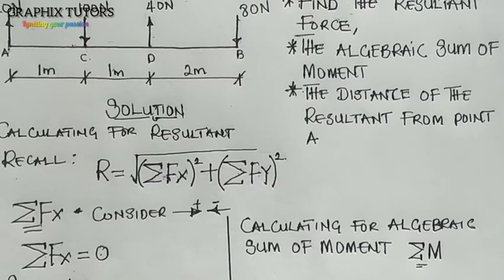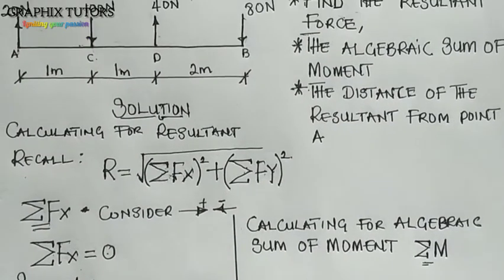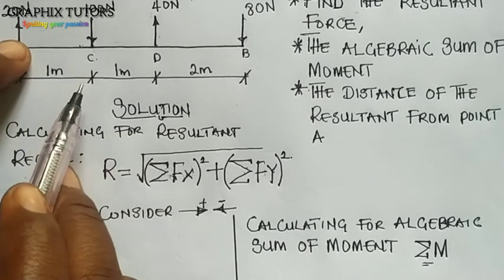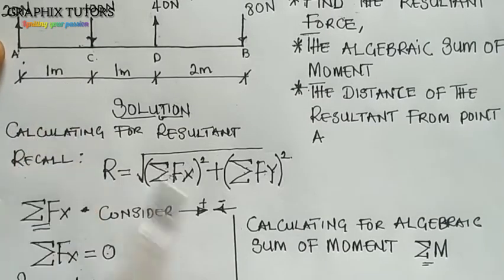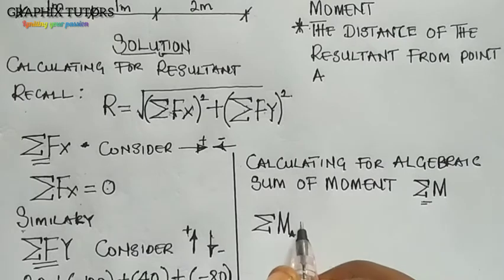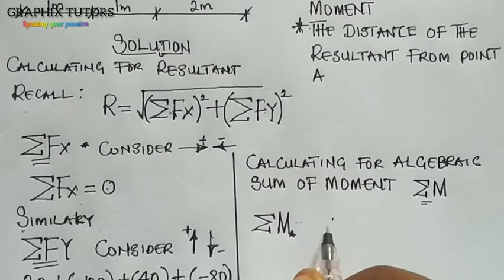So I want to take a point, say my point A is my point of action, meaning my point A is fixed. So now I'm going to put it this way: moment at point A. Right? Now, if you like, we can put equals to 0 here, or we can just say moment at point A.